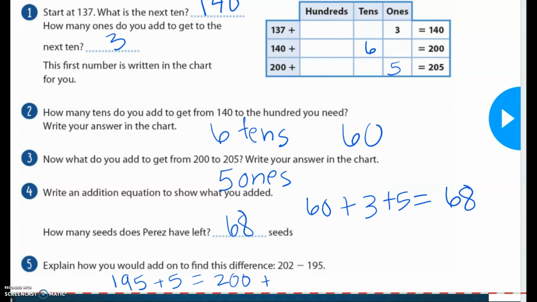Then we only need to add 2 to get what we started with, which was 202. So we only had to add 5 and add 2 to get from 195 to 202. So the answer would be 7. So that's what you should write on number 5. Go ahead and pause the video if you need a minute to write that down.